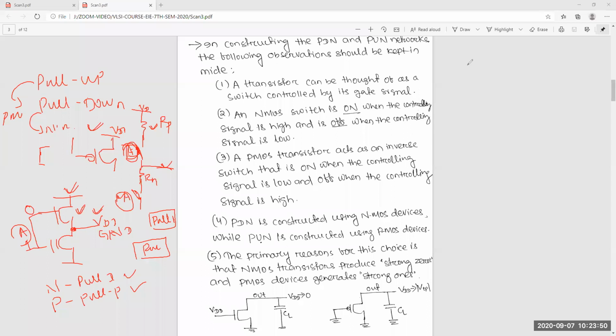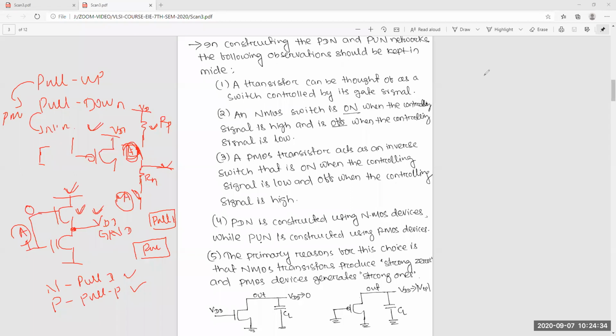Sir, the NMOS will be open, and the PMOS will act as a path. So it can invert 1 to 0. If we change the NMOS to PMOS, then when we apply a positive input, the NMOS will open, so VDD we cannot get at the output, meaning it will not invert 1 to 0 or 0 to 1.